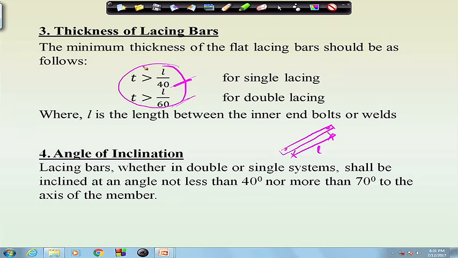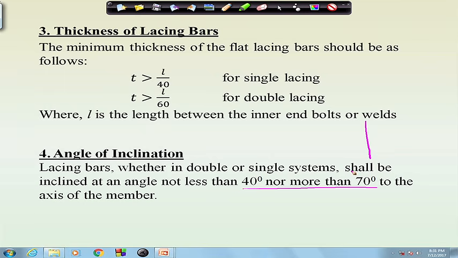Then another important thing we have to decide is the angle of inclination of the lacing bar. How do we decide? As Codal provision says, it should be between 40 to 70 degree. If we have a lacing here, then the angle of inclination with the vertical member should be between 40 to 70 degree.